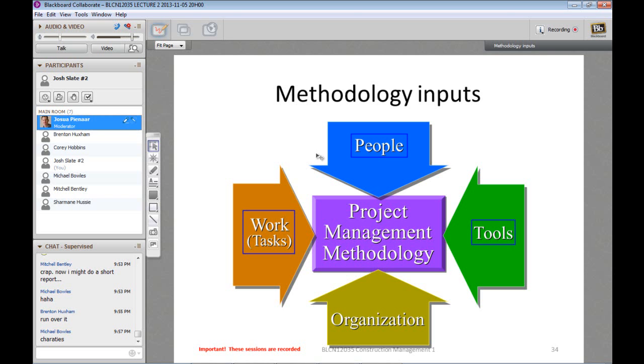Our people are most probably going to be the most important resource or input into the methodology, because they make stuff happen. Projects don't happen on their own. We can buy and have the resources, but without people to move them around and actually put them in place, nothing much is going to happen with them.